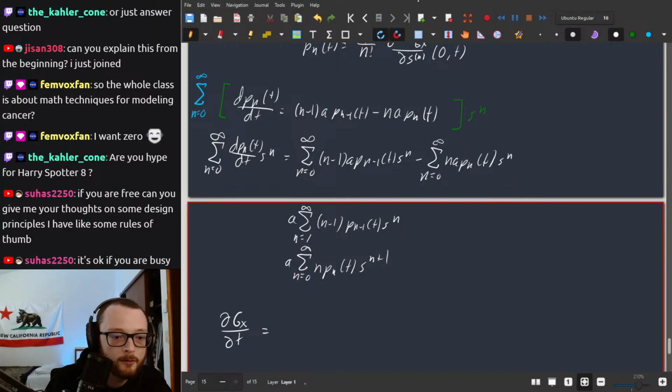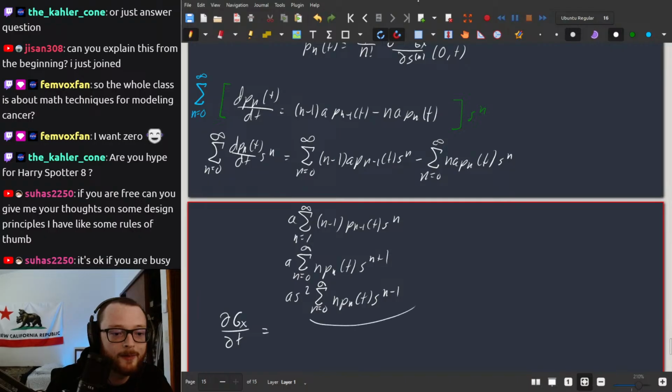Wait, that's not quite right, though. Oh, no, yes. Then I'm going to bring two of these s's outside of the summation: a s squared times the sum of n p_n of t s to the n minus 1.